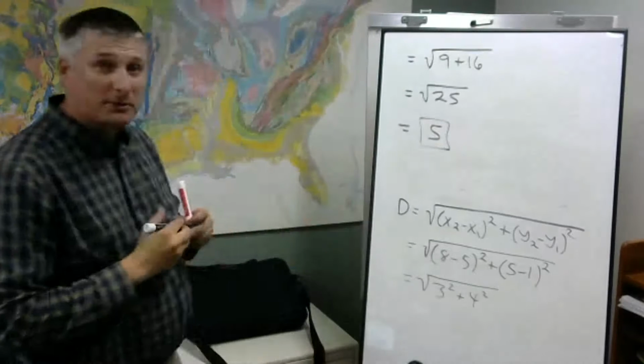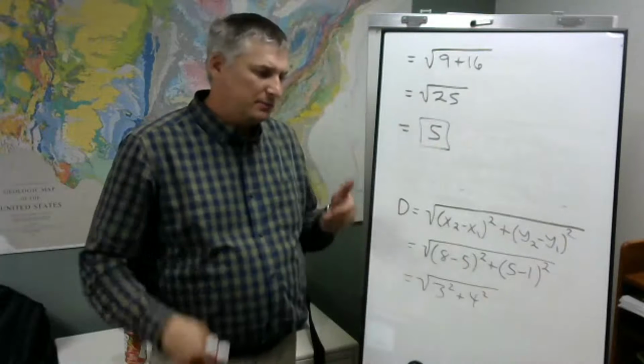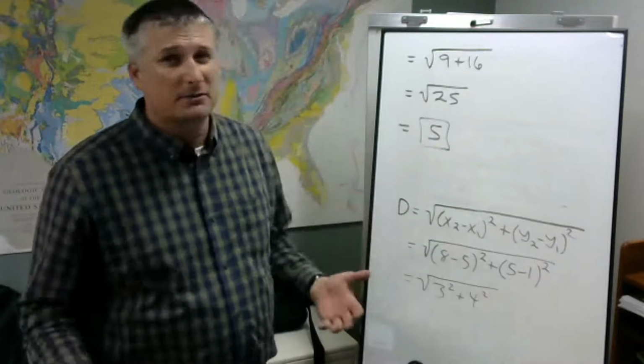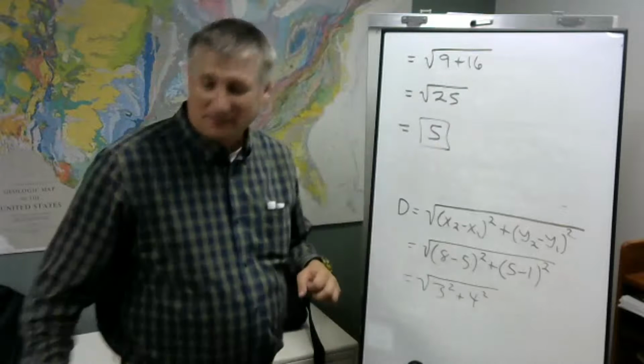It's going to be 5. And when we took the square root, we kept the positive root. The reason is we usually consider distance as a positive number, not a negative number. So there we go, positive 5.